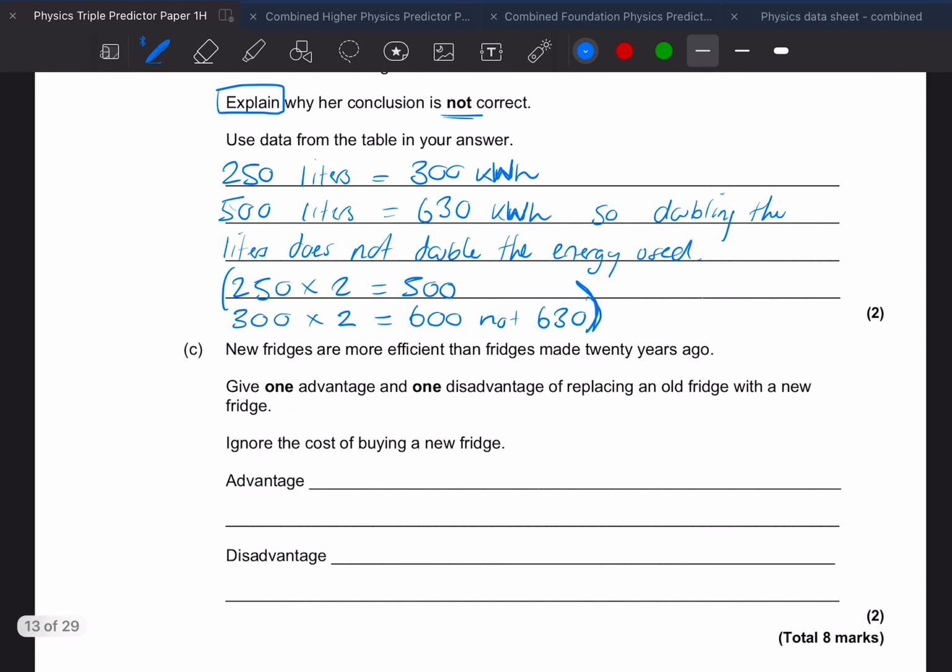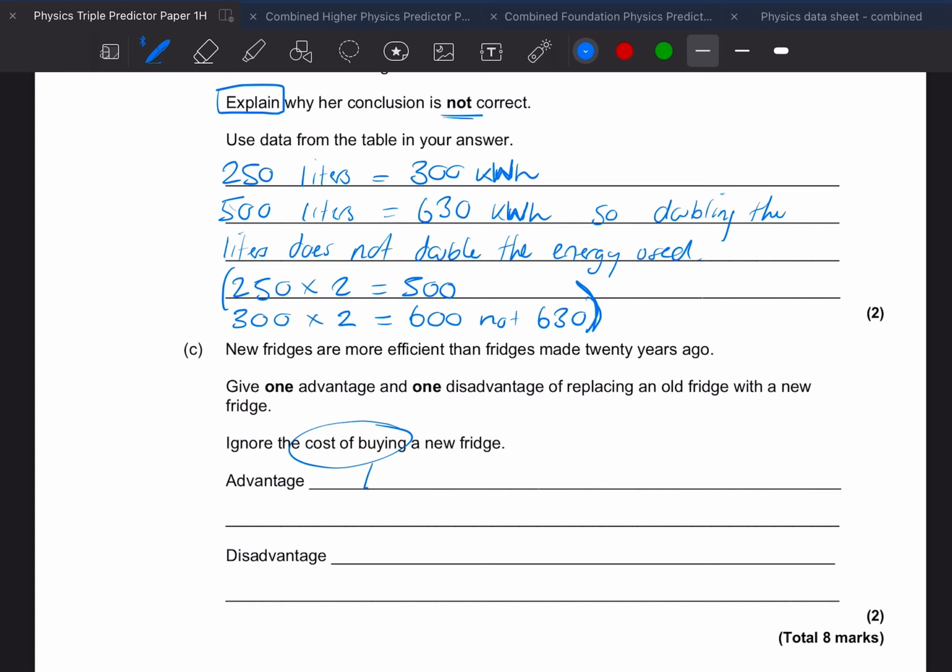All right, new fridges are more efficient than fridges made 20 years ago. Give one advantage and one disadvantage of replacing an old fridge with a new fridge. Ignore the cost of buying. All right, new fridge. If it's more efficient, it's going to cost us less because we're going to be wasting less energy, aren't we?